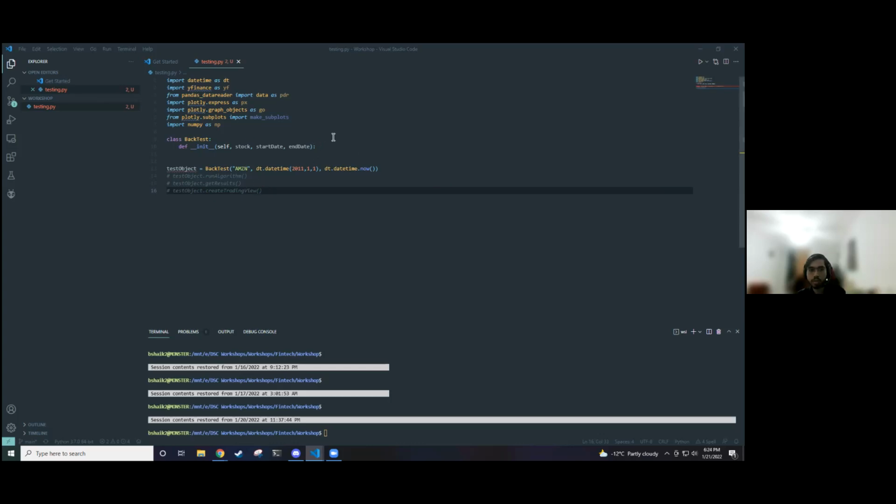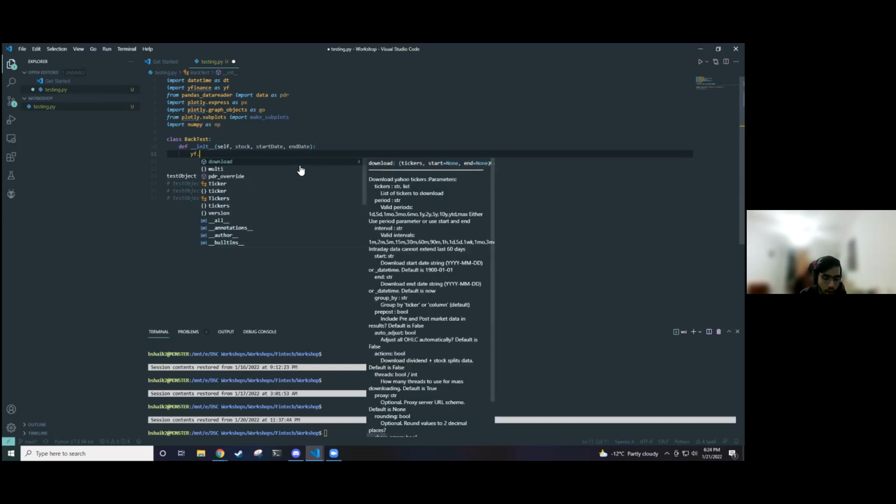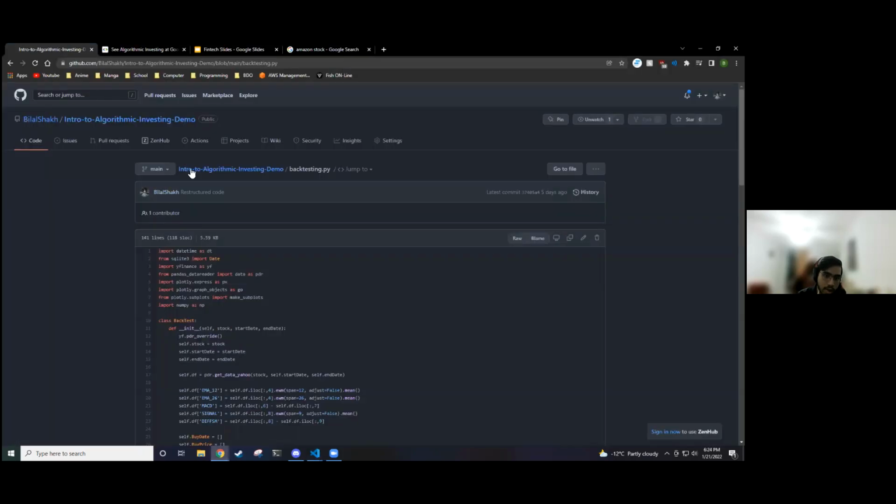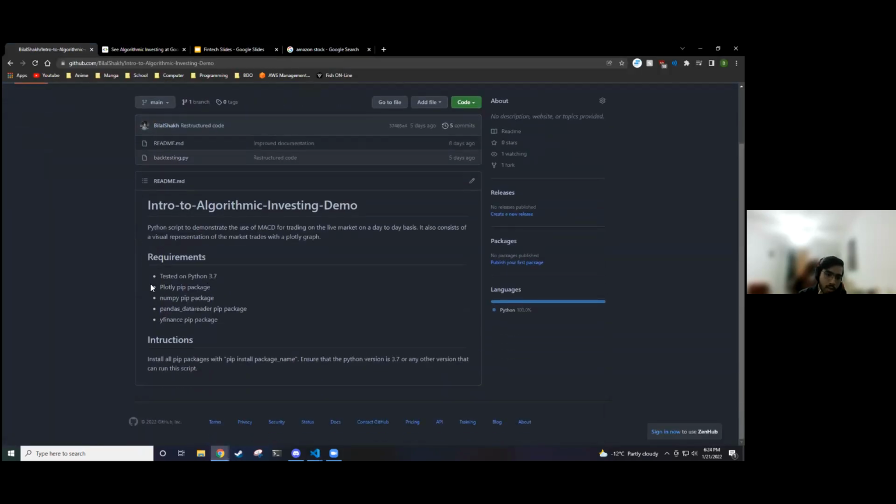All right, so let's just begin the implementation part of it. So to begin with, what you want to do is YF. Let me actually, I forgot to give you guys an explanation of what each of the packages do for us. This Plotly package right here is going to help you graph the trading and visualize everything you need.